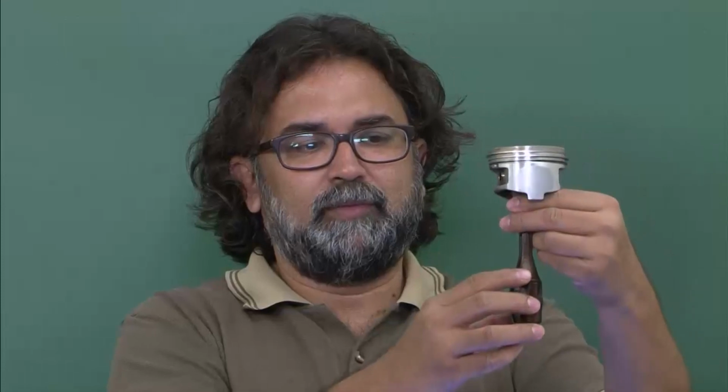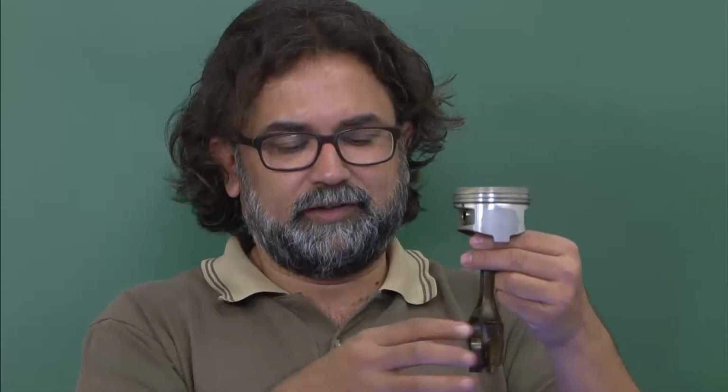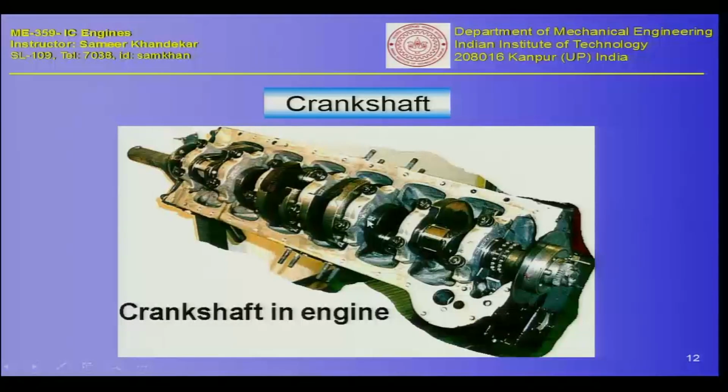Some of them will be on this phase, some on this phase, some on this phase. We will discuss in detail as we go along how we determine the location of these connecting rods on the crankshaft. And then this complete assembly, what you see here, has now come into the block of the engine on which it is fitted. So this is a typical crankshaft.